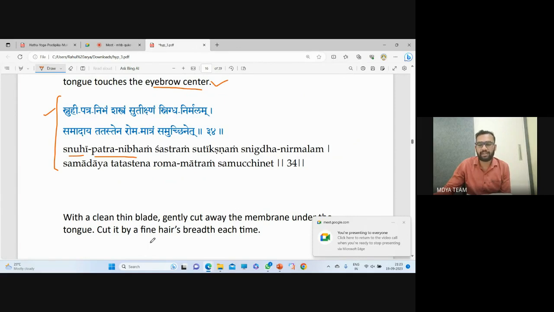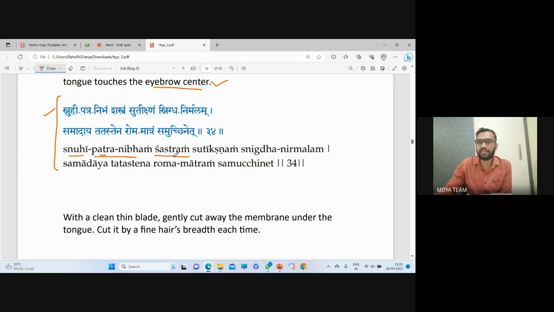Here also it is not mentioned what is the exact English word for Snuhi. It is one kind of plant whose leaves are so sharp. Snuhi patram meaning leaves. Nibham sastram, as like a weapon.